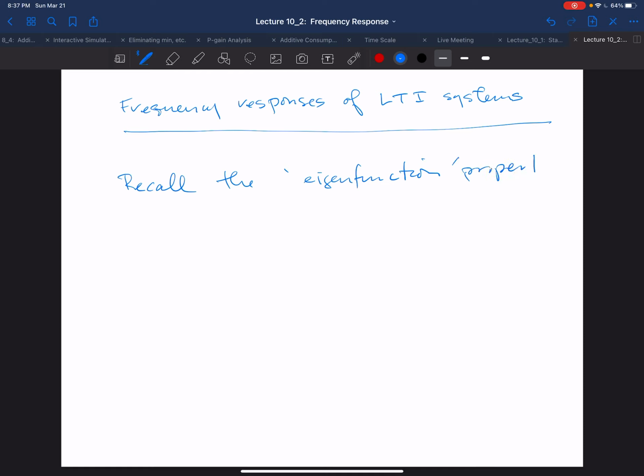If we have an LTI system, and we feed into it an exponential input, we saw that the response that we get is h of s times e to the st. And here I'm talking about two-sided exponentials. And this h of s is simply the transfer function of our LTI system.